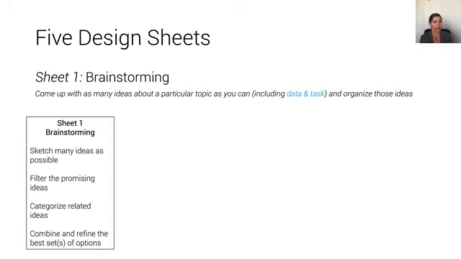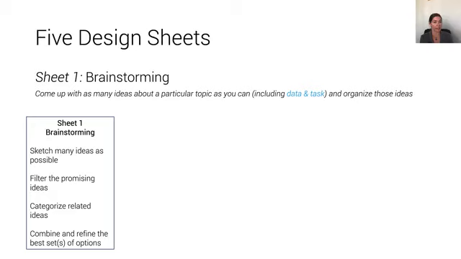So just to deconstruct these sheets in detail and what goes into them, our first sheet, our brainstorming, is really the most loosely defined sheet. What we're doing here is we're sketching out as many ideas as possible. We're getting as much information about what the possible tasks, the possible data, and the possible designs are all into one place.